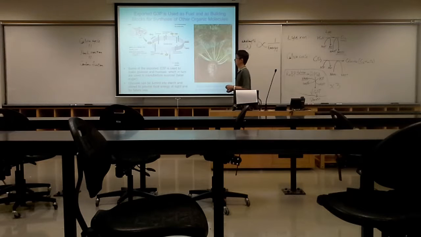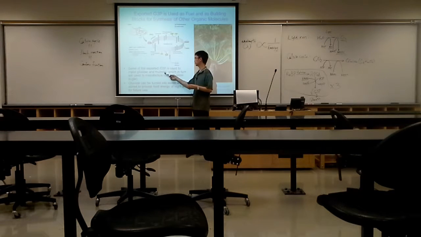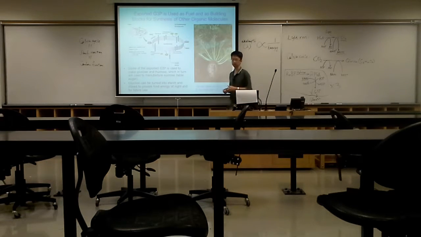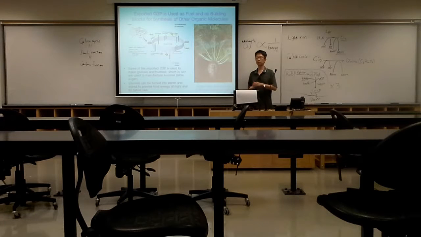You can make glucose, you can also make fructose. And then as we learned from the beginning of this semester, when glucose combined with fructose, we will get sucrose. And when we have a lot of glucose, what does plant do? They will connect all the glucose by dehydration, and then you will make starch as a storage molecule.